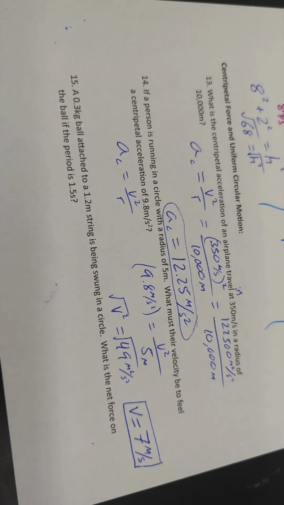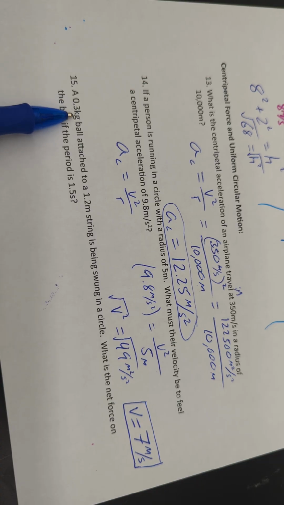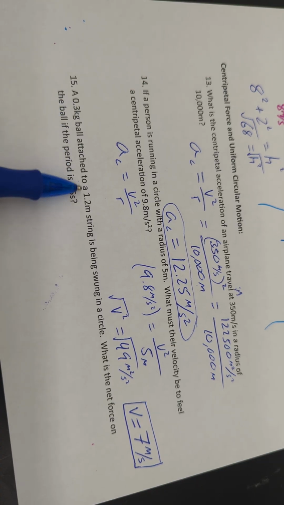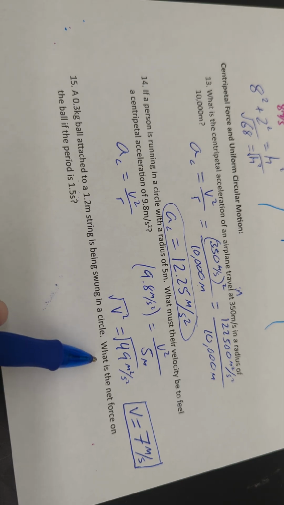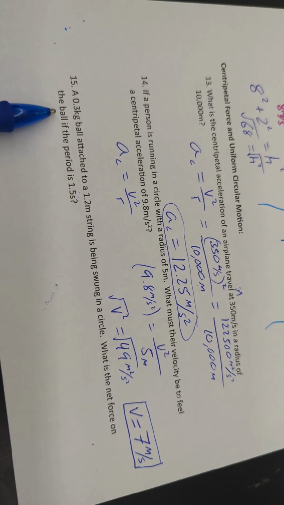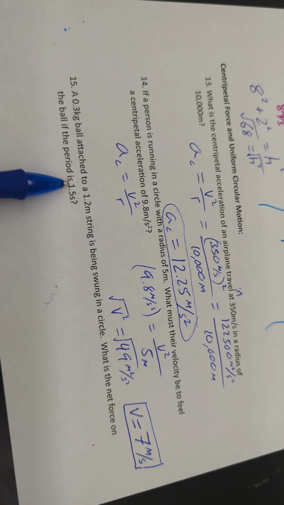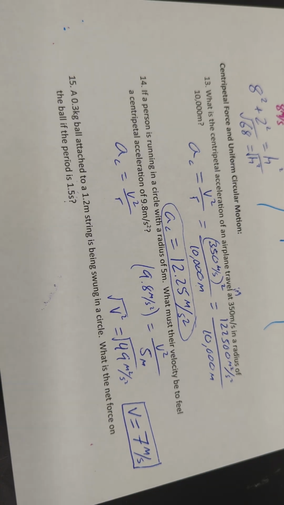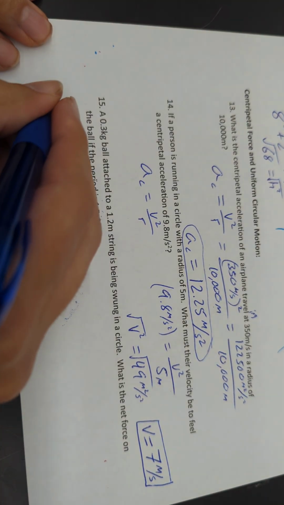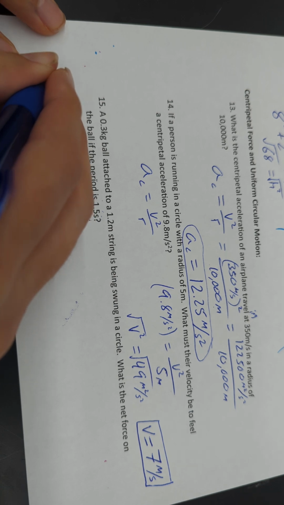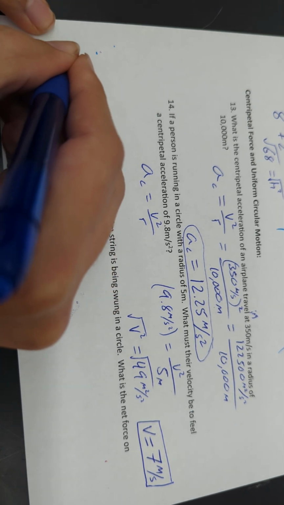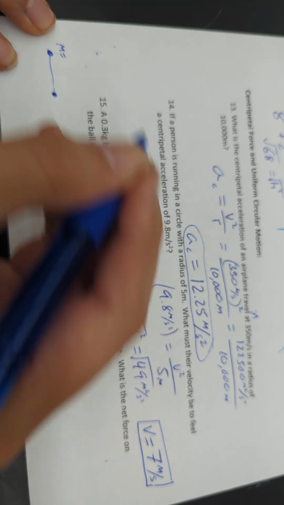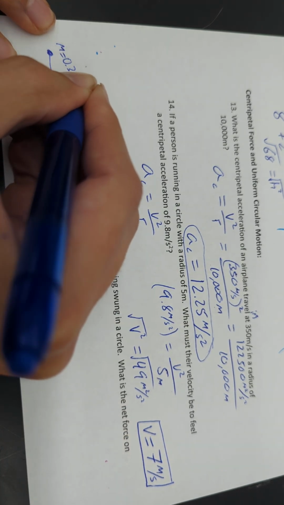All right, next question. A 0.3 kilogram ball attached to a 1.2 meter string is being swung in a circle. What is the net force on the ball if the period is 1.5 seconds? So let's draw a quick picture of what this kind of looks like. You got a center point here, and you got a string attached to a ball with a mass of 0.3 kilograms.